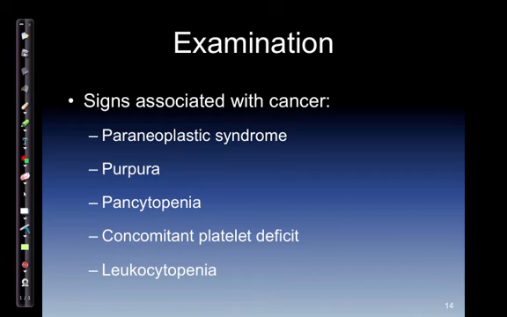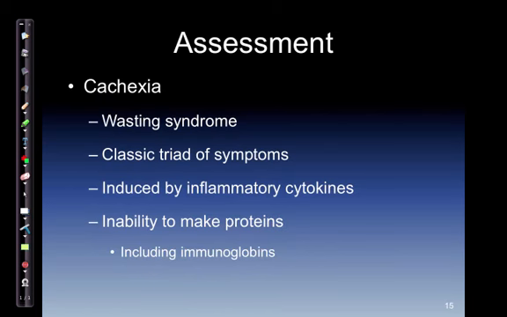Concomitant platelet deficit, especially if they're on types of chemotherapy. And then leukocytopenia, which is a decline in the number of circulating white blood cells, which makes them more immunosuppressed, or makes them more opportunistic for bacteria.